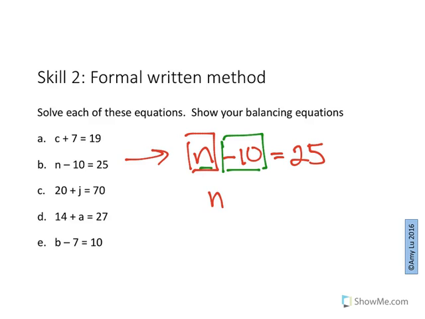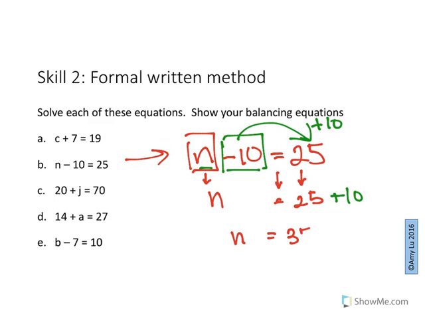This 10, though, I can move over here. So again, you bring down what stays, the equal sign stays, the 25 stays, that negative 10 goes to the other side, so it gets turned around, inverse, so it becomes plus 10. So your n becomes 35, which makes sense because 35 take away 10 makes 25.